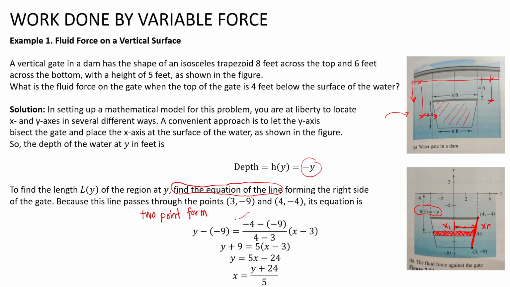So again, this whole process here is 2-point form, meaning the author was able to generate the equation of the line using 2 points. This point here, 4 and -4, and then 3 and -9. So the equation of the line with respect to x is y plus 24 over 5. That's the equation of the line on the right side.